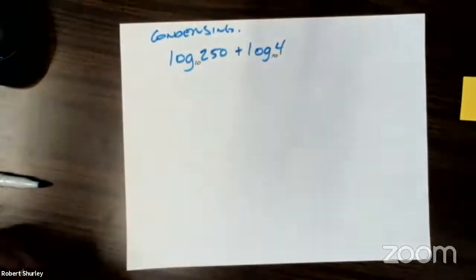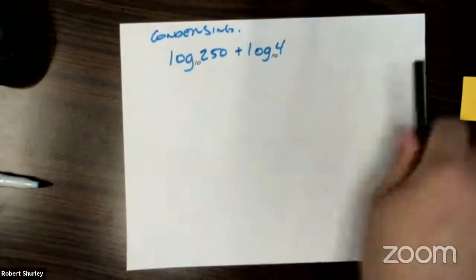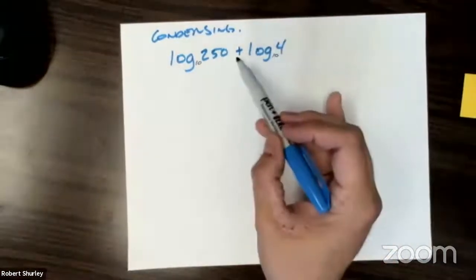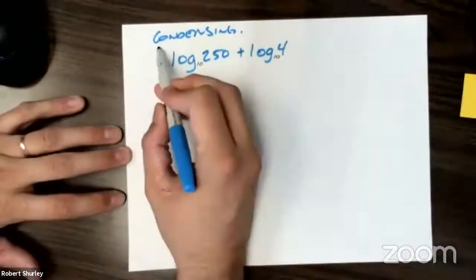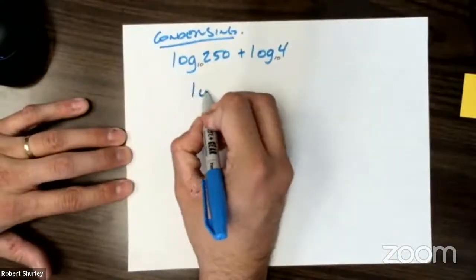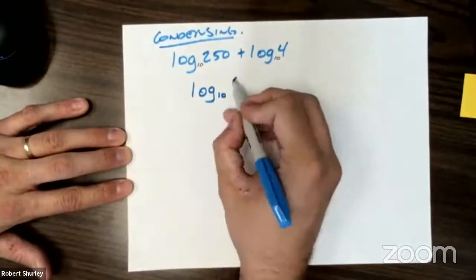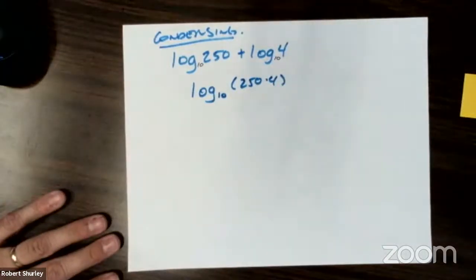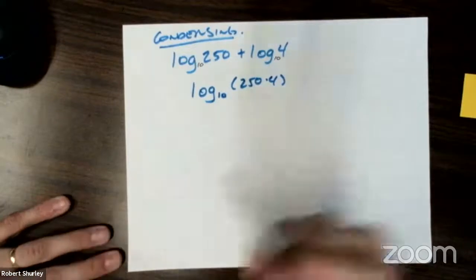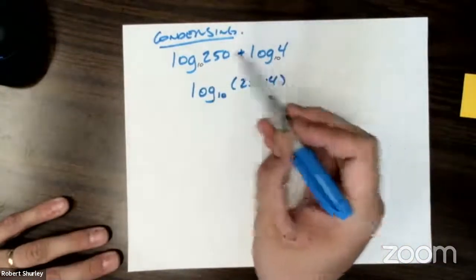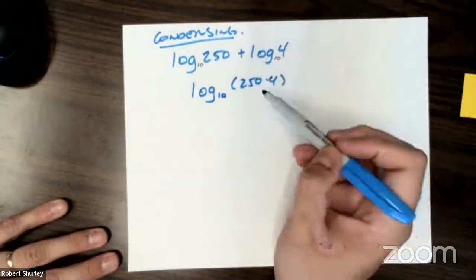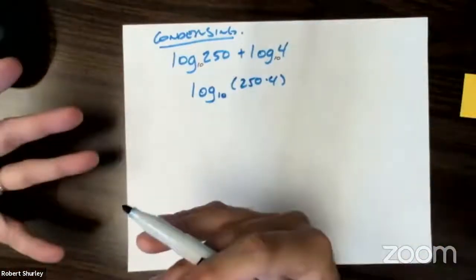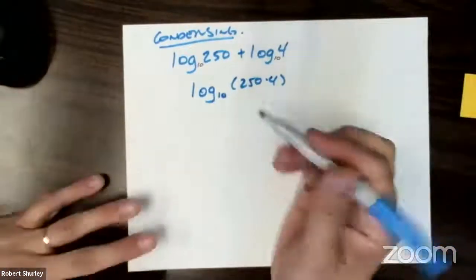Because of the same base, and there's addition, that means we can condense them with multiplication. So 250 times 4. So this is condensing. If we have addition of the same logarithm, we can condense it inside of multiplication. It's the opposite, right? If we can do it one way, we can do it the other way.